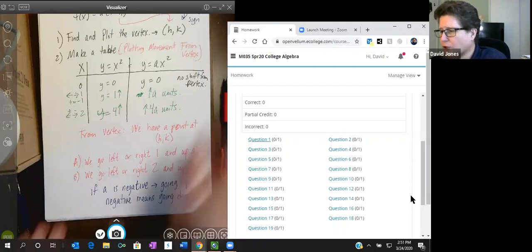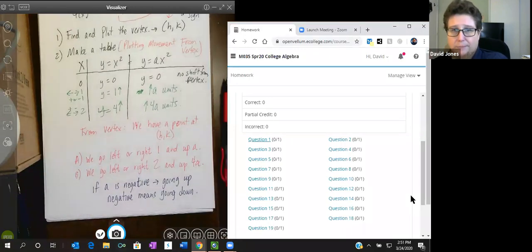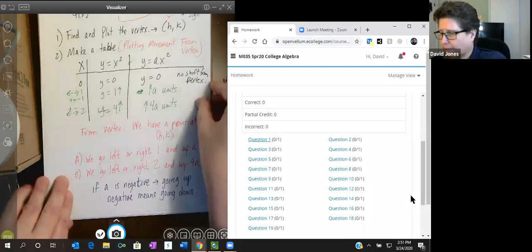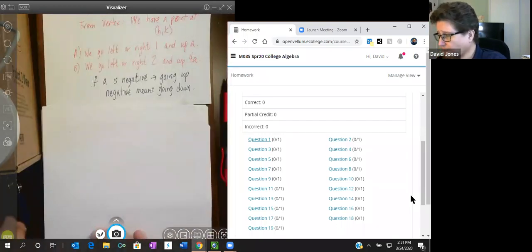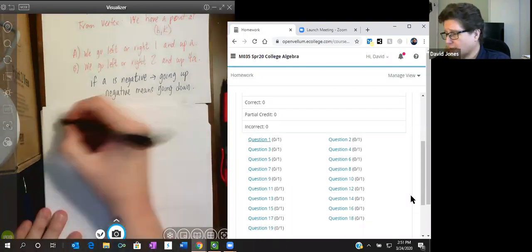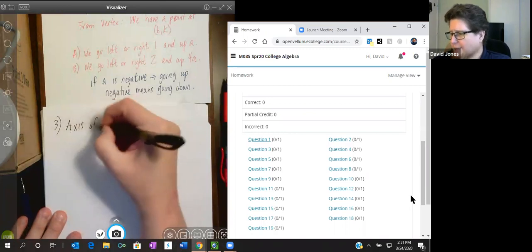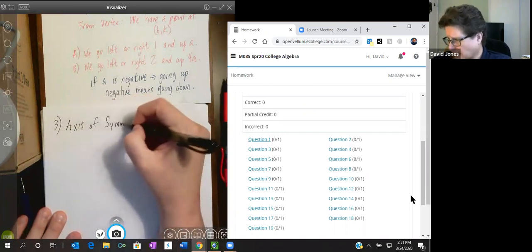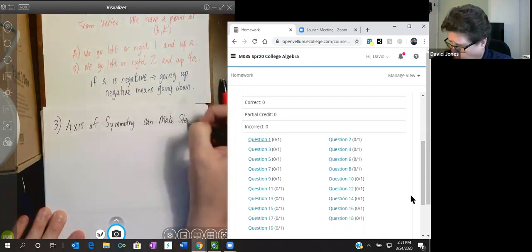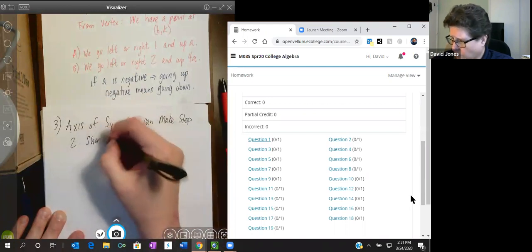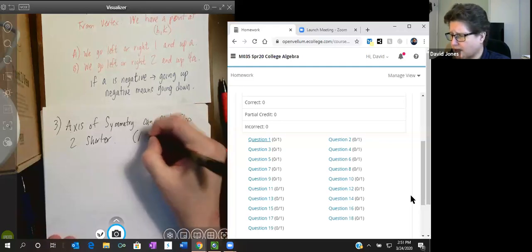Something you can use while you're doing this is called the axis of symmetry. Let me go ahead and pause if you need to, write it down, okay? Step 3, axis of symmetry can make step 2 shorter. I'm going to abbreviate axis of symmetry as AOS.